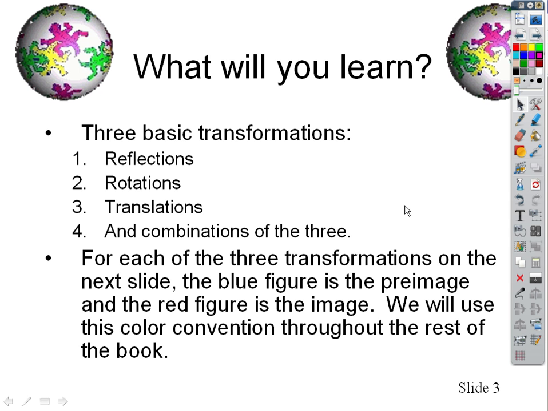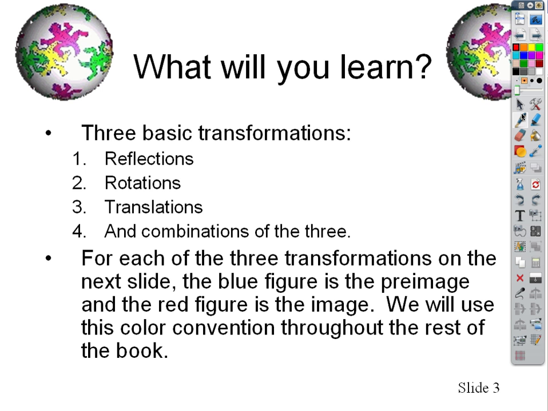Okay, like we say, three basic transformations are reflections, rotations, translations, or combinations of the three. Later on we'll talk about what happens if we link them together and do more than one thing. Combination of transformations. But for each of these, we're always going to start with a pre-image and then transform it to create an image.